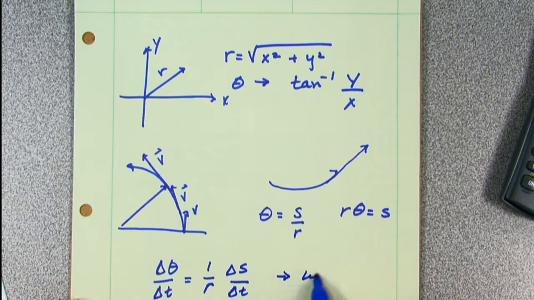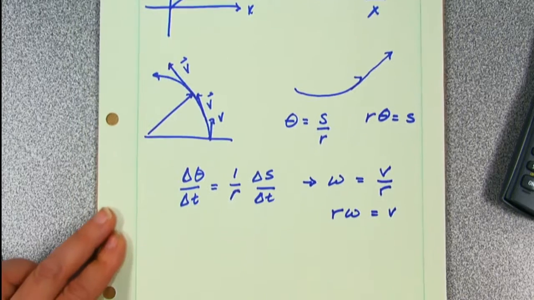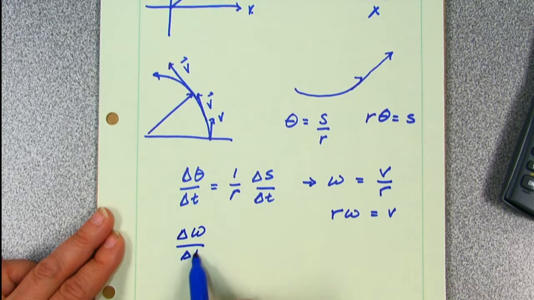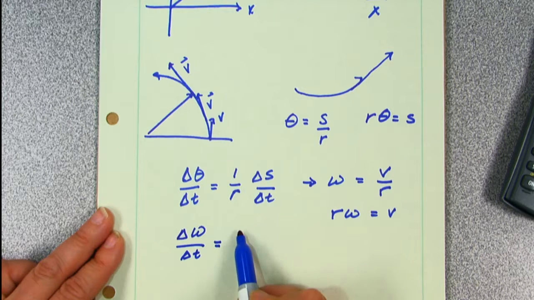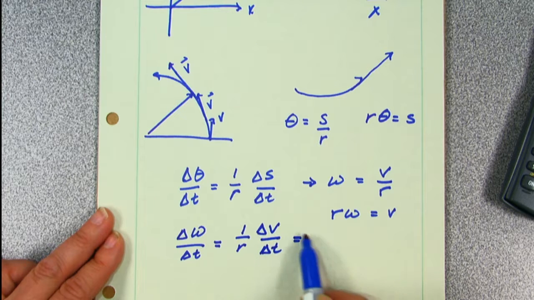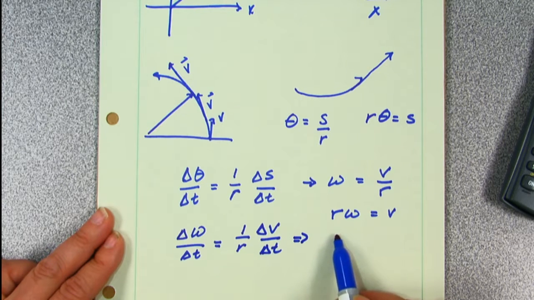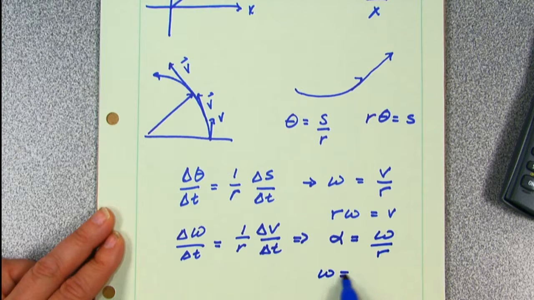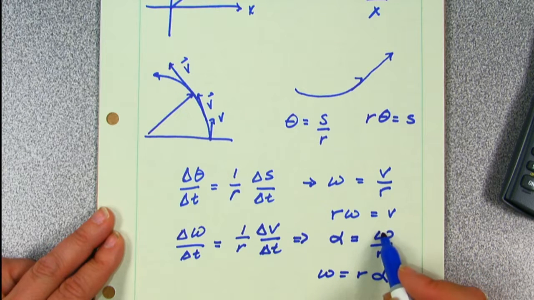This is going to be omega is equal to V over R. I'm going to get R omega is equal to V. And if I get my change in omega with respect to time, that's going to be 1 over R, change in velocity with respect to time, which is going to give me alpha is equal to A over R. Oops, did that wrong.